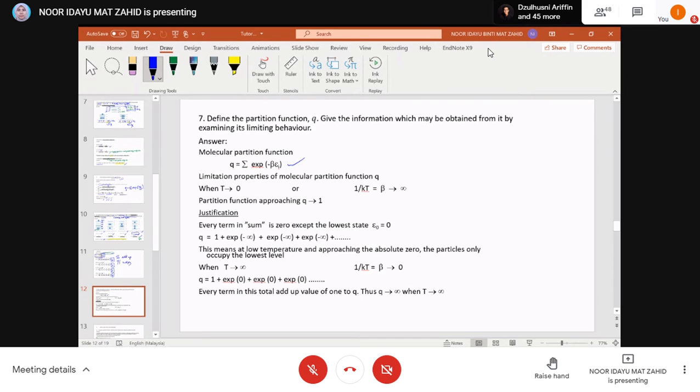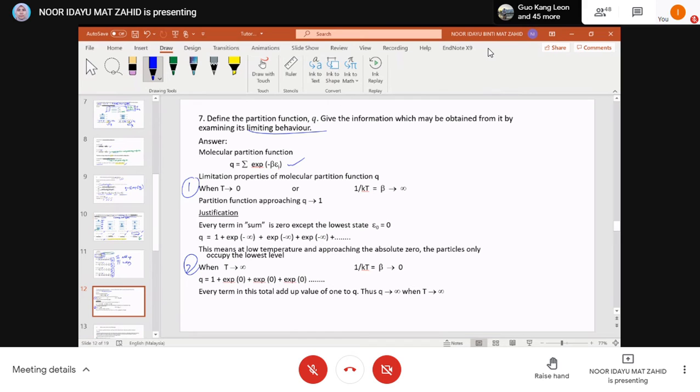And what is the limiting behavior of Q? The limiting properties of the molecular partition function: you have two conditions. First, when temperature approaches 0 Kelvin. And second, what happens to Q when temperature approaches infinity? We look at the first condition first.